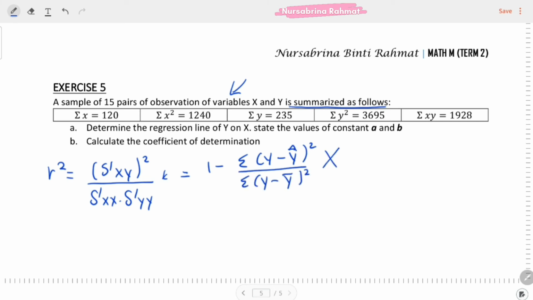You cannot use this because you don't know the values of y. To find this y minus y regression square, you need to know your y values and calculate every y regression value. So in this example, you can't use this equation.